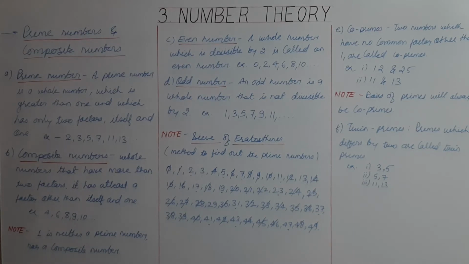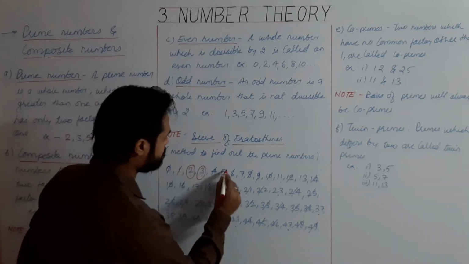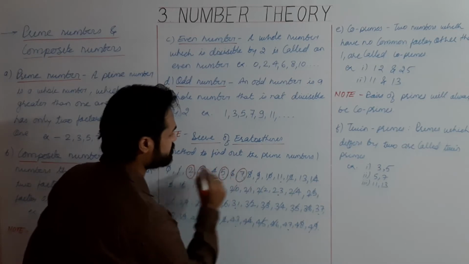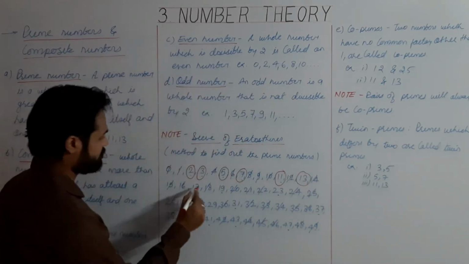So all numbers from 0 to 49 which are uncrossed, these numbers are prime numbers. We can also mark them. 2 is a prime number. Next is 3. Then we have 5. Then 7, 11, 13.